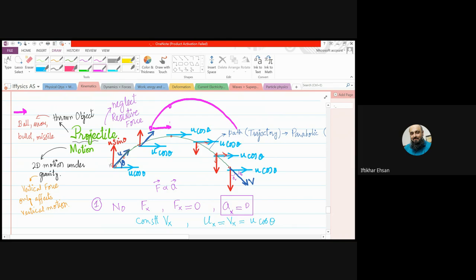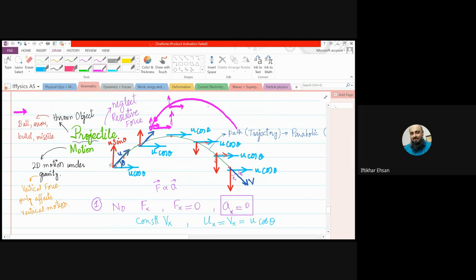It has also moved upwards, right? When it moves there, it has gone a bit higher towards the right.